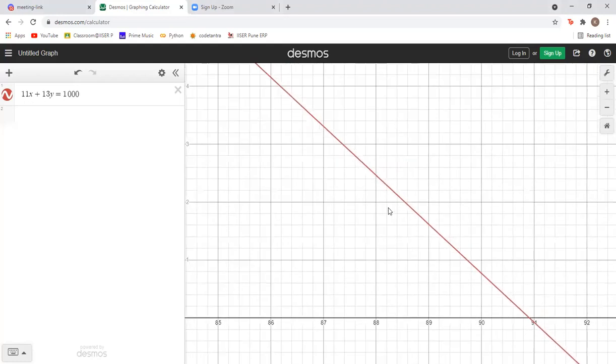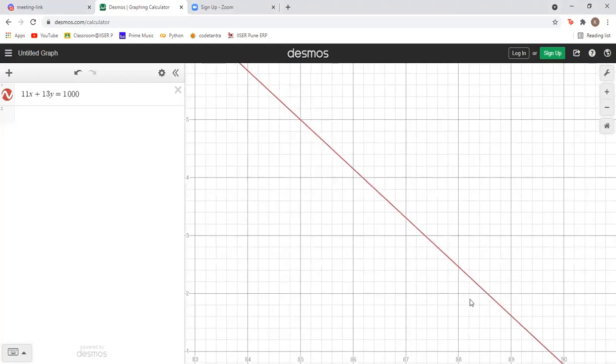See, but we have to find points like this. See 85,5. This is an integer point. See these points are all decimal, decimal, decimal.